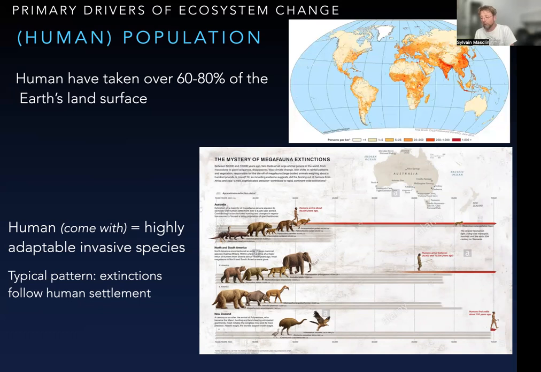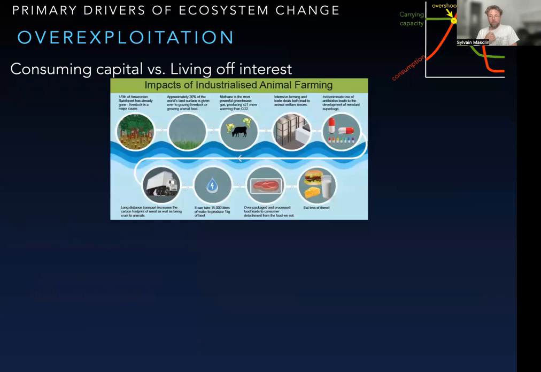The same in North America and South America, where humans arrived about 20,000 years ago, more or less; within about the next 10,000 years, most of the megafauna from both continents disappeared. And another example is New Zealand. So unfortunately, the propagation of humans on the planet has been followed by the removal of species in these ecosystems.